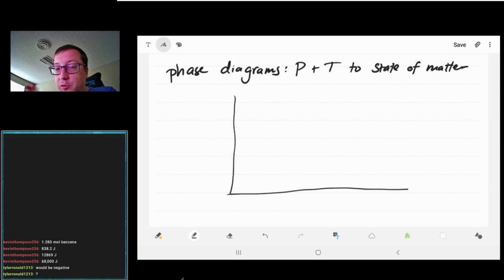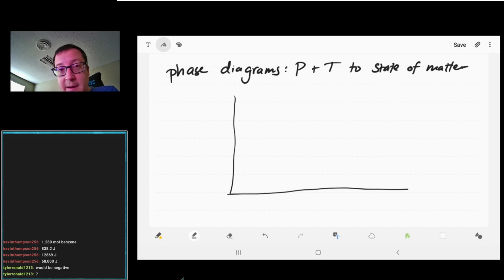And we have two ways to mess with that. If we have high pressure, we can force molecules to get close together just because they're being hit with gases or whatever the pressure is being caused by, to compress them. And that's going to make things more like a solid, right?